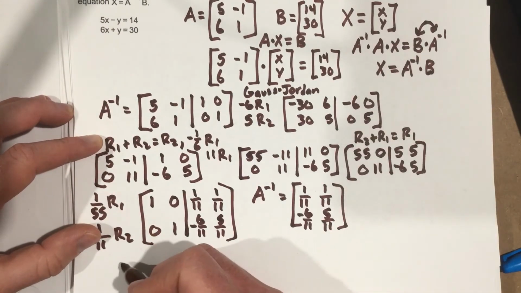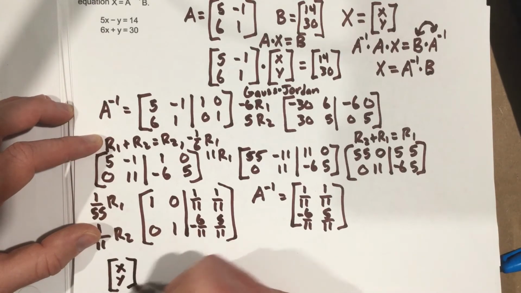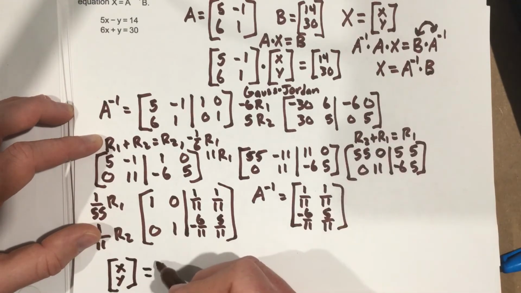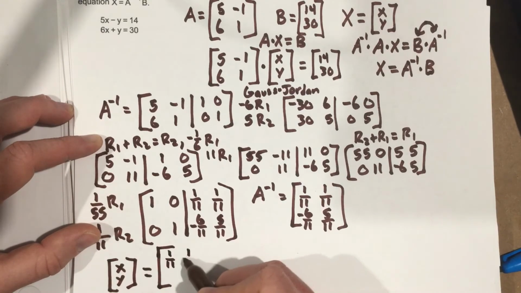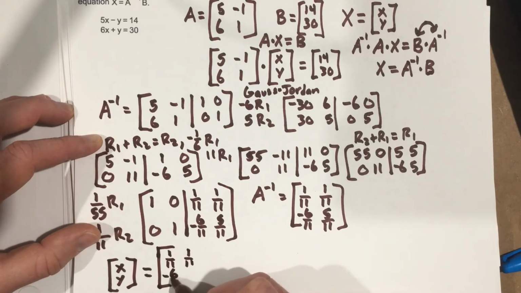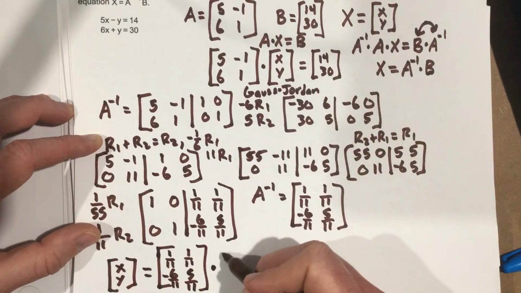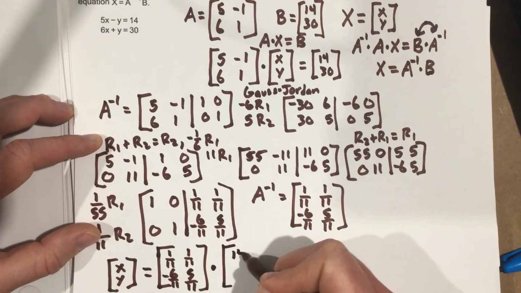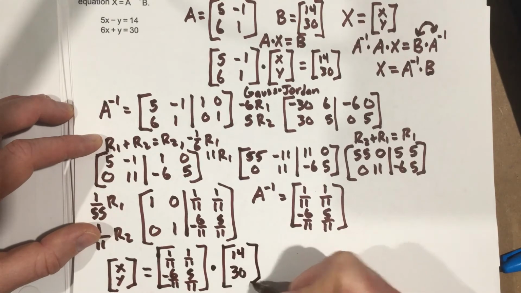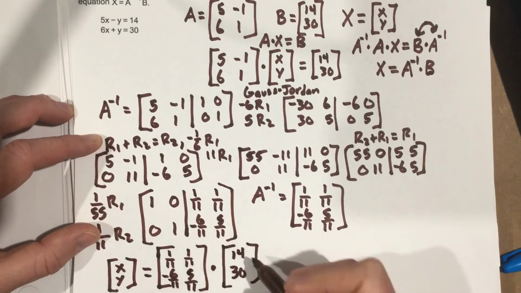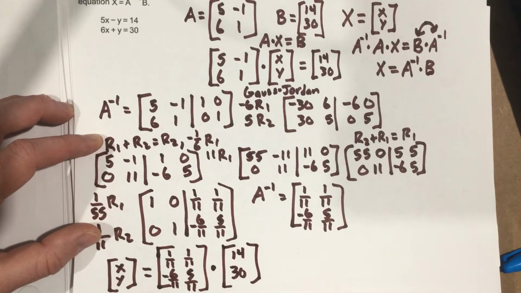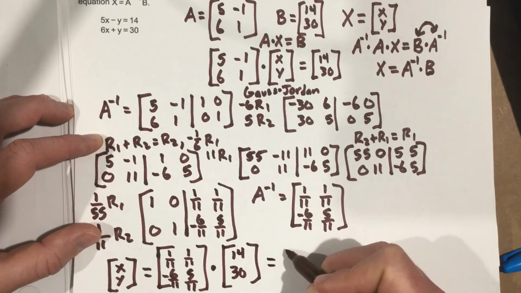So we're going to set this up as xy equals A inverse, which is 1 over 11, 1 over 11, negative 6 over 11, 5 over 11, times b, which b is 14 and 30. Now remember, this is a 2 by 2 times a 2 by 1, so it works out. We're going to end up with a 2 by 1.